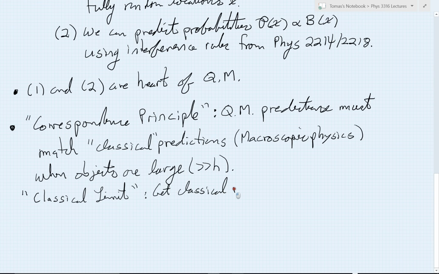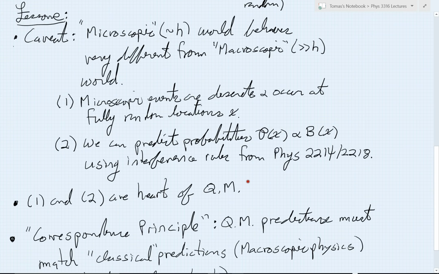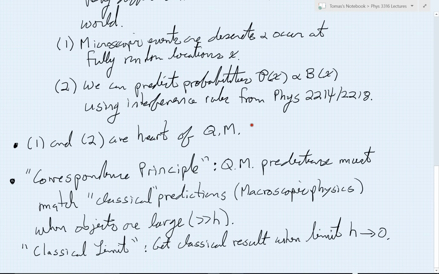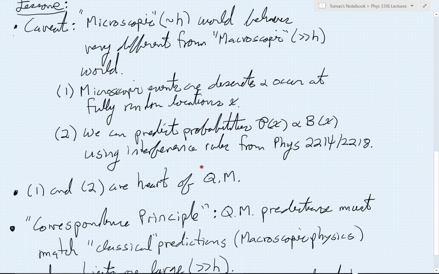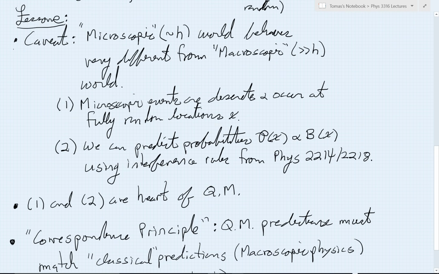So if you calculate something in quantum mechanics, it has to recover the classical result when things are very large, or a mathematical way of saying that is, formally speaking, when you take the limit of any expression that you derive. When you take the limit, that h, Planck's constant, then goes to 0. Very good. So these are really a whole set of very important, key, critical lessons that we learn directly from this G.I. Taylor experiment.